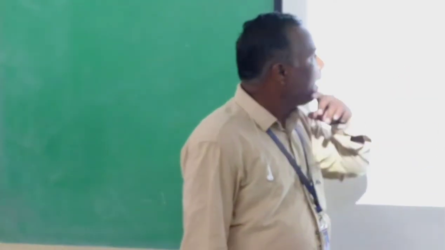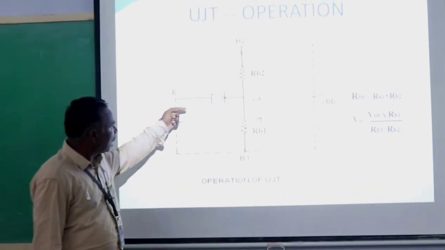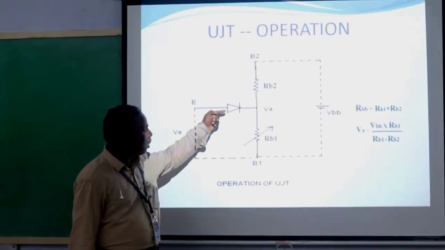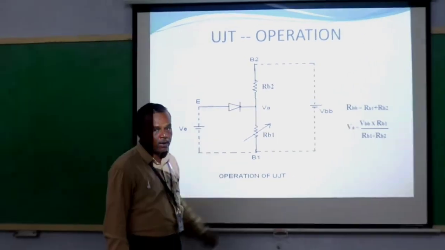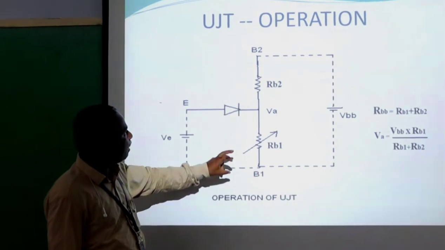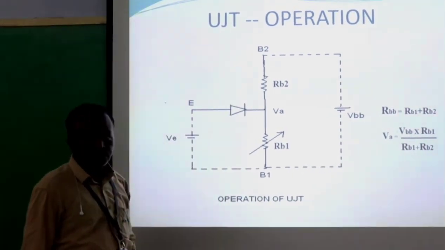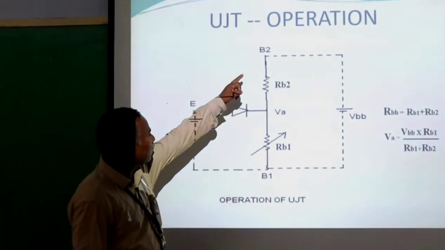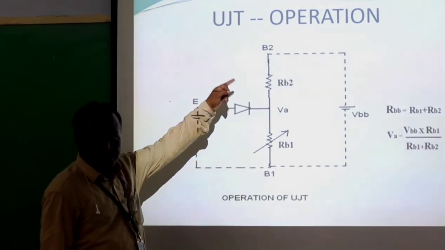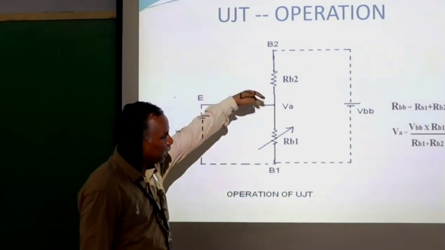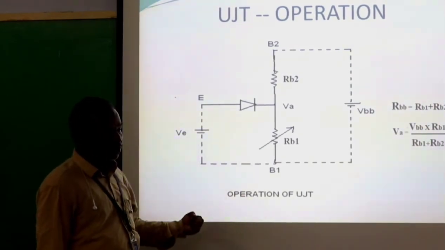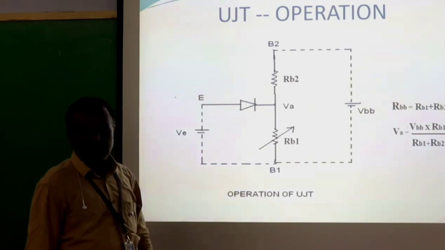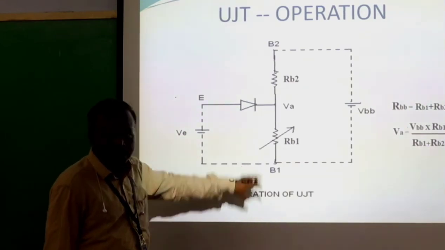At that point, in the forward bias of the diode, holes are emitted into the silicon bar at the point A. Due to the potential gradient between B2 and B1, the terminal B2 repels the holes in the downward direction, while B1 attracts the holes in the downward direction. Therefore, the holes are accumulated.